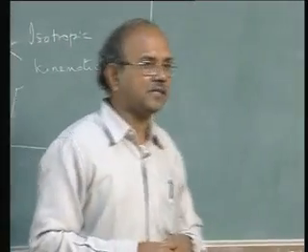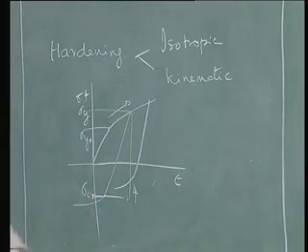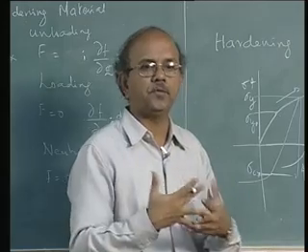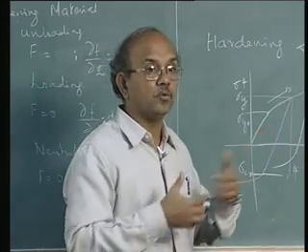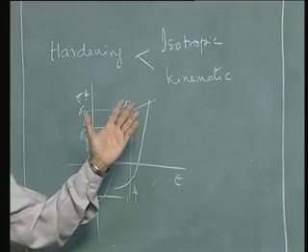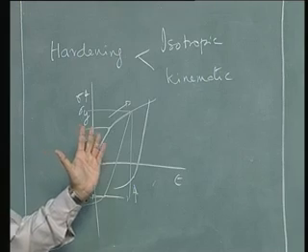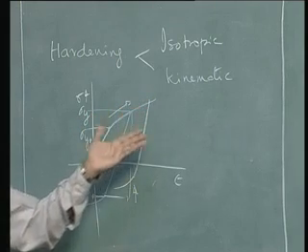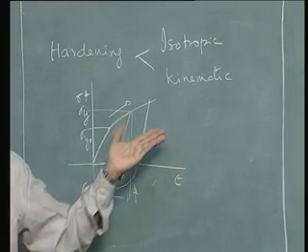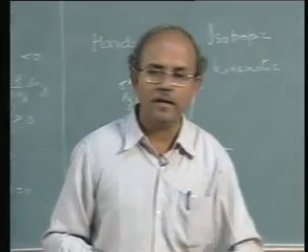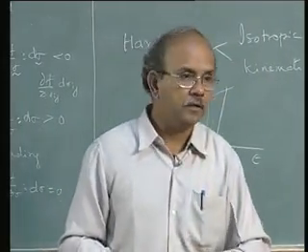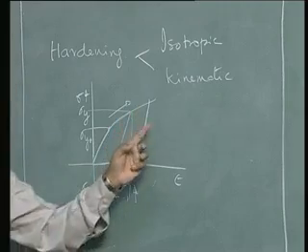The other is that these dislocations themselves may start interacting with each other, and that would be an obstacle for further motion. When there are obstacles for further motion of dislocations, obviously the stress or the load that is required to move them is going to be higher. Clear? That is what is called the hardening effect.